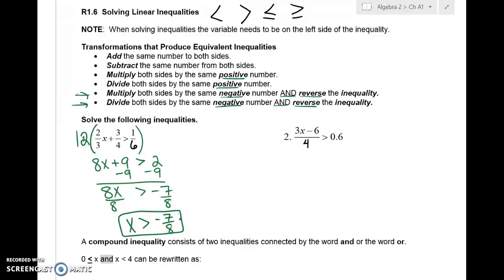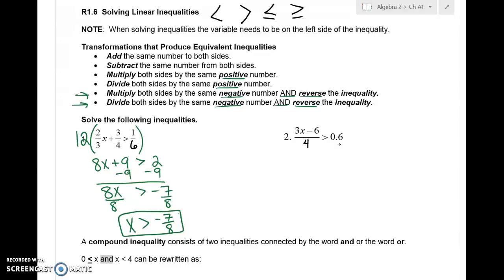The next example, (3x minus 6) over 4 is greater than 0.6. Because this problem has a decimal in it, you can write your answer as a decimal, especially if it's a terminating decimal and not something you have to round. Okay? What do you think we should do first in number 2? Any ideas?